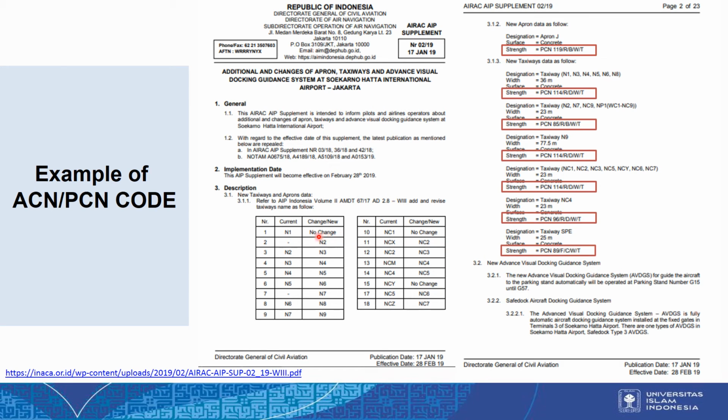For example, the current is N1, and there is actually no change, but for the current N3, the new one is N4. So it will be updated regularly, so the pilot and the airline operator have the newest information of the strength of the pavement.